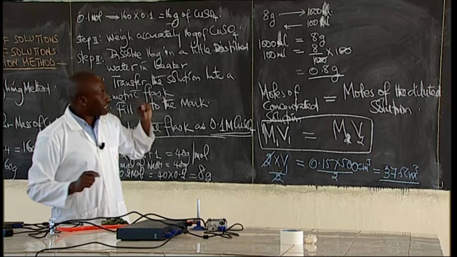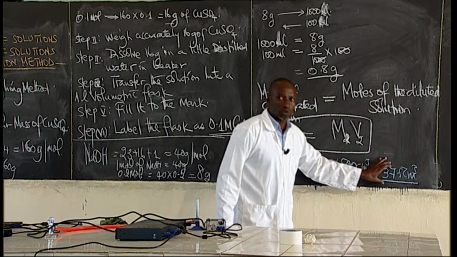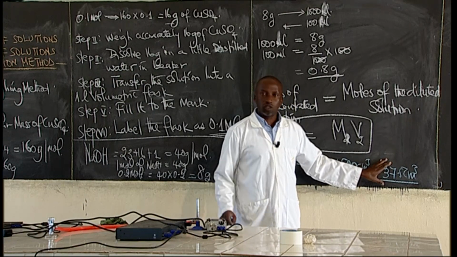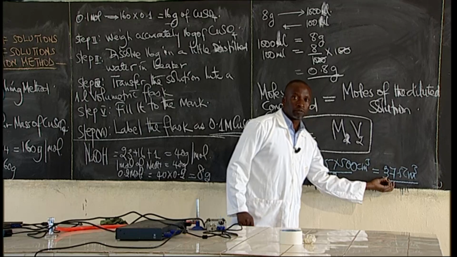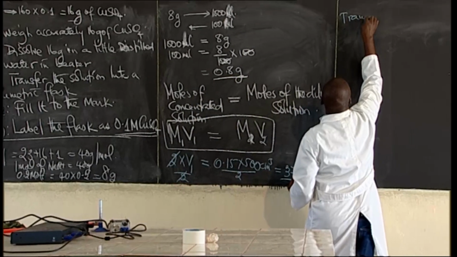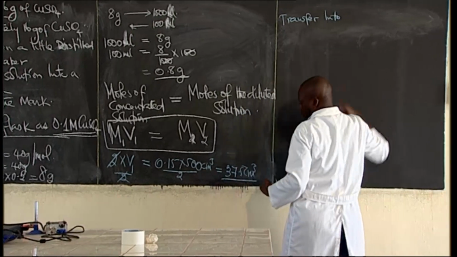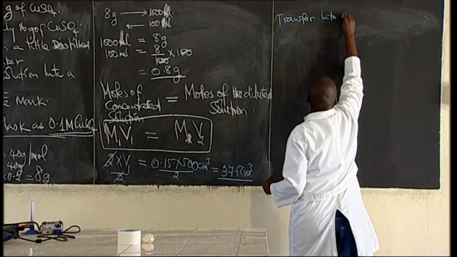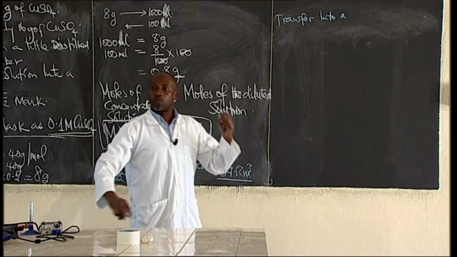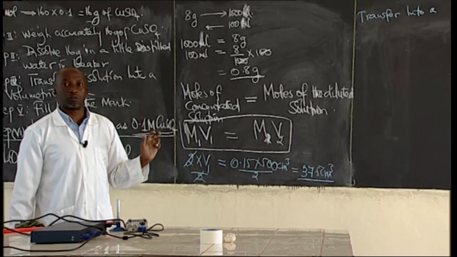Now, after getting the volume of the concentrated solution, measure this one. This was sulfuric acid. So the concentrated acid, measure this one. After measuring this, transfer it into a volumetric flask. Now, this volumetric flask must be 500 cubic centimeters.